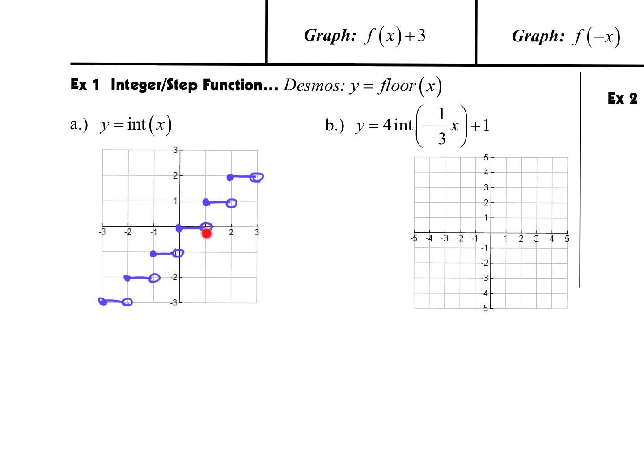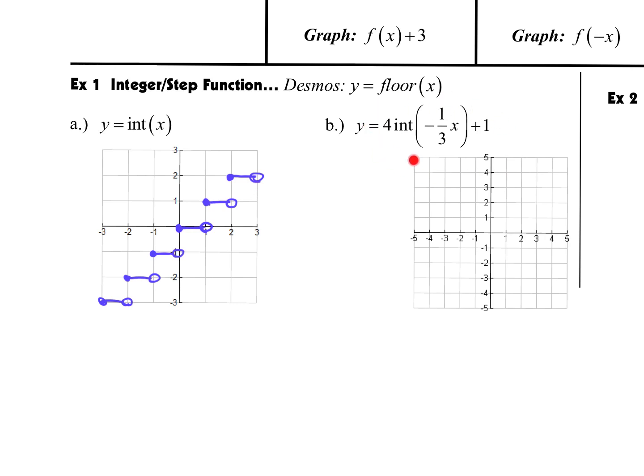When I get to the next whole number, in this case a 1, it's going to jump all the way up to the next step of 1. And then at, let's say 1.2, it stays at 1, 1.3, it stays at 1, and when it gets to the next value, it goes up. So it's always going to keep that whole number. It basically chops off any decimal portion. It does not round.